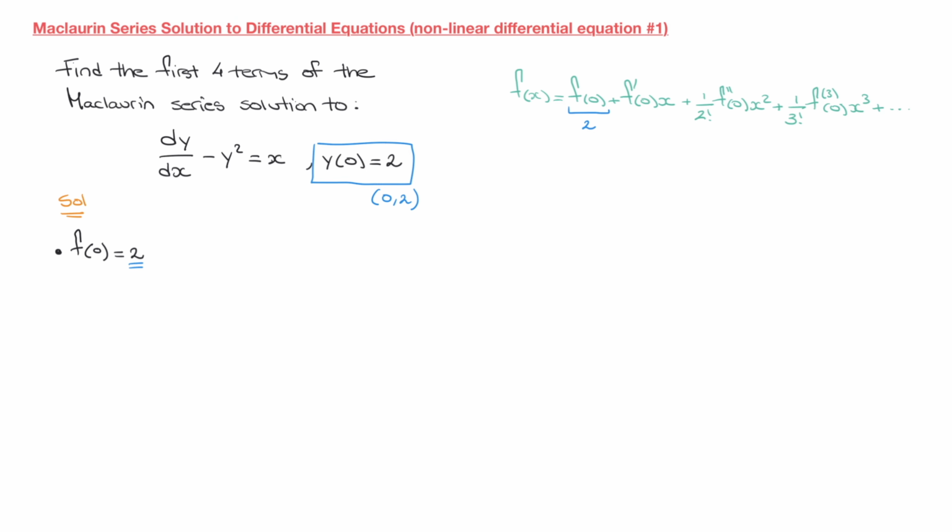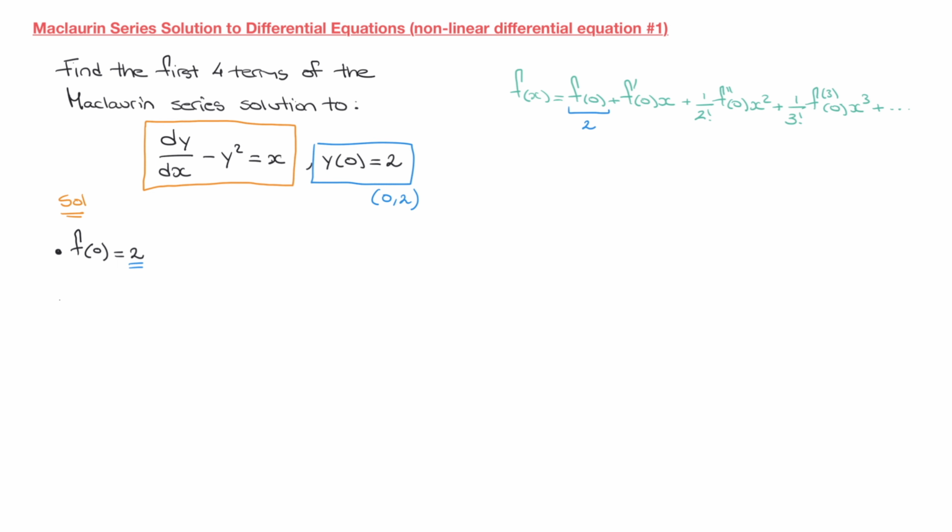I carry on. The next thing we need to find is f dash of 0. And for f dash of 0, the first thing we'll need is an expression for f dash of x, or dy dx. And hopefully you'll agree that all I need to do for that is rearrange the differential equation we see here.